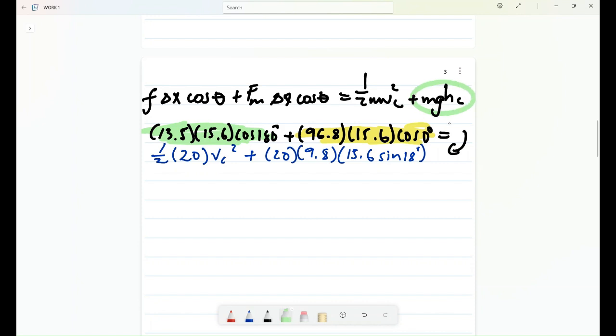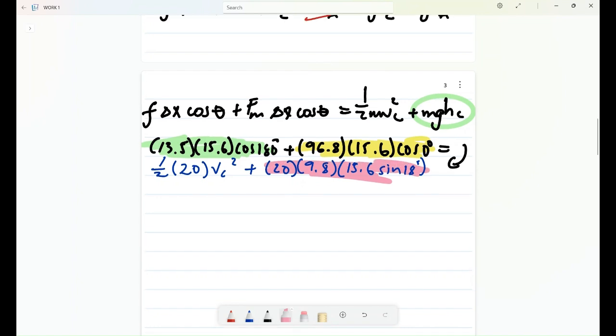But on the other side, I want you to see something. Look at the substitution for mgh at C. It is 20 multiplied by 9.8 multiplied by 15.6 sine 18.